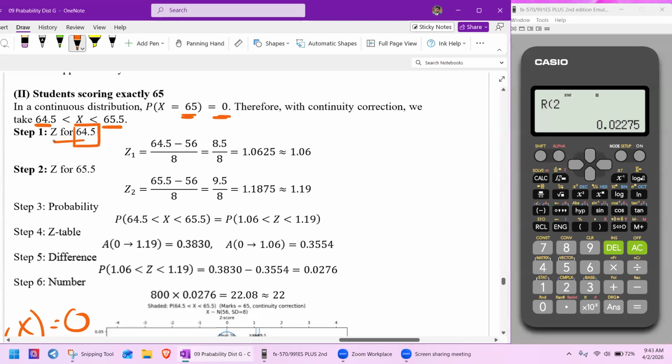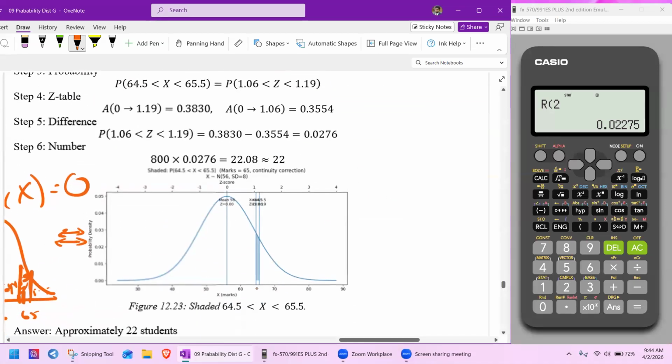First, we find the z score of 64.5. We label it as Z1, that is 1.06. Step 2, we find the z value for 65.5, the upper limit, and that z is 1.19. Now we can find the probability of this part of the curve. This is 64.5 and this is 65.5.